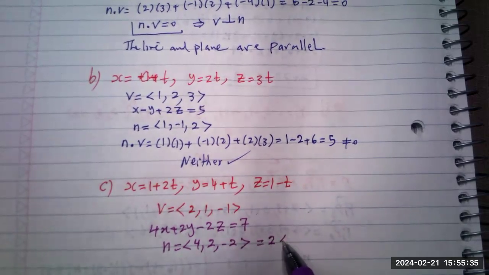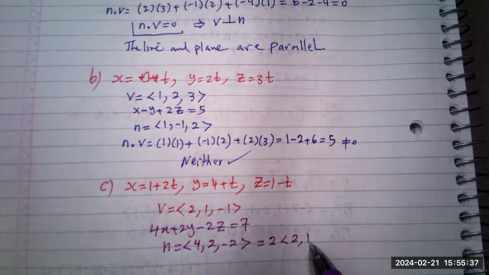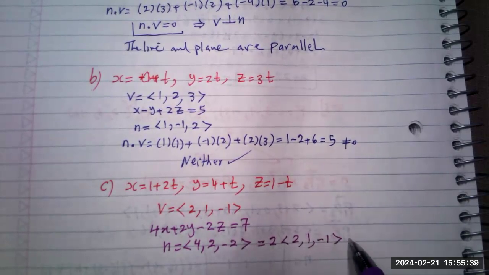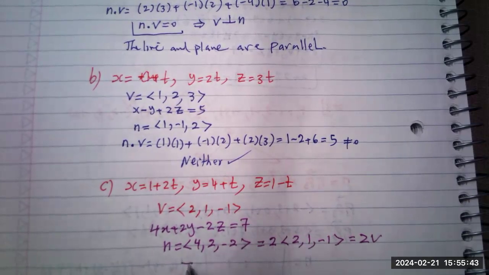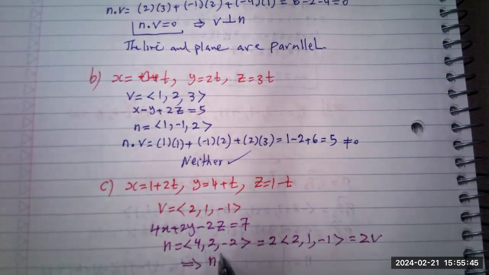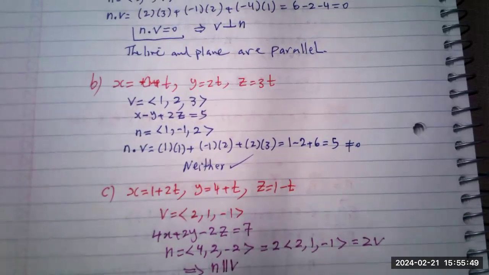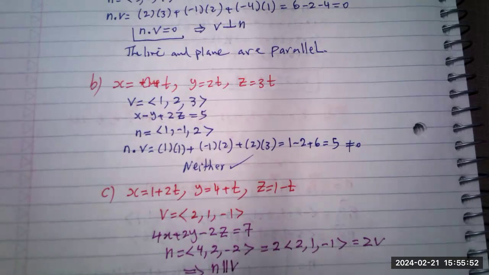If you pull out the 2, that gives you 2, 1, -1. So this means n is parallel to v. When it's parallel to v, this means v and n are like each other, and you know that this means v is also orthogonal. So this means the line and the plane are perpendicular to each other.